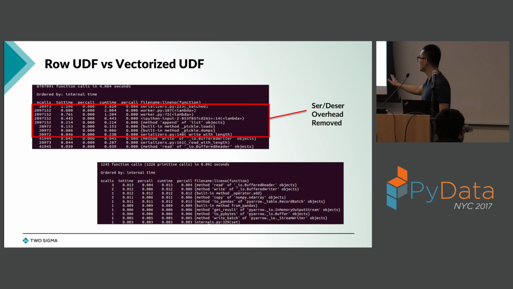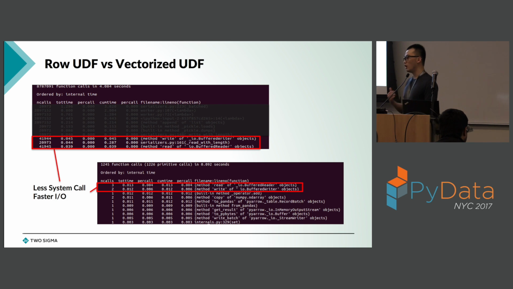You cannot find any of this overhead here. And last but not least, even the I/O part is more efficient. Because Arrow utilizes scatter-gather I/O, you end up having many fewer system calls and much faster I/O.